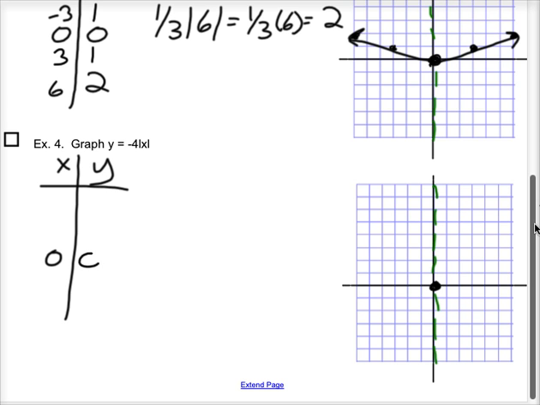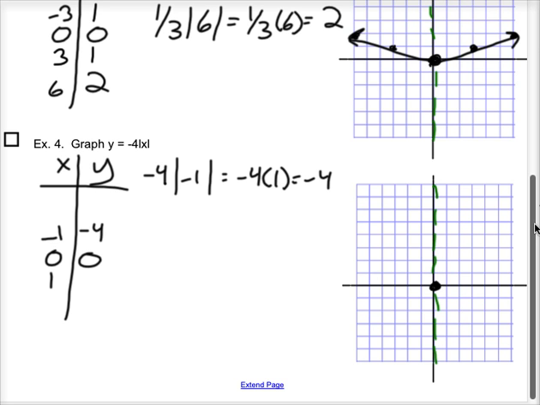So we're starting at 0, 0. So -1 and 1. So we have -4, absolute value, -1. Well, absolute value will make that 1 positive. So we'll have -4 times 1, or -4.